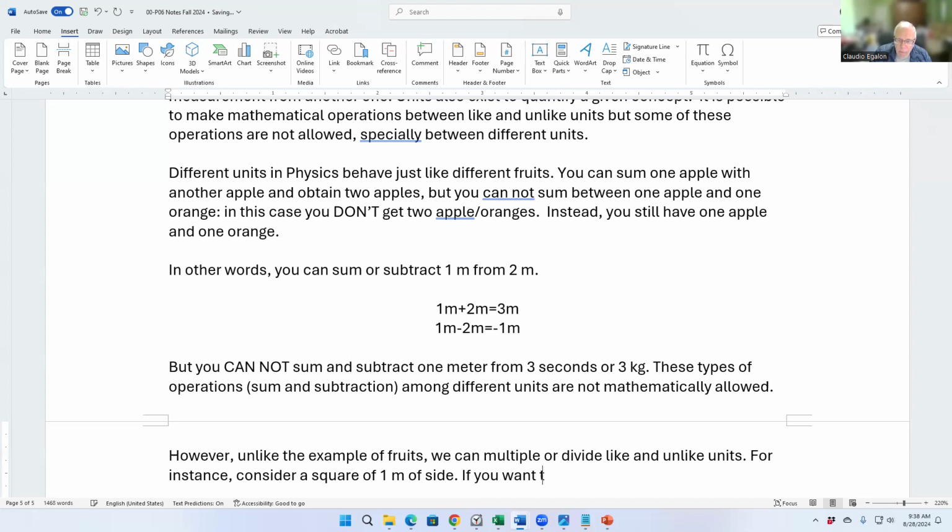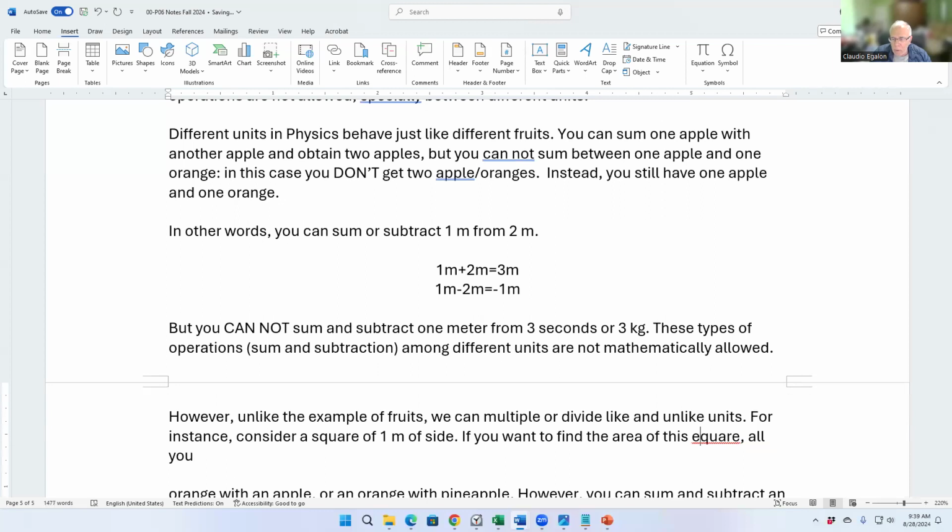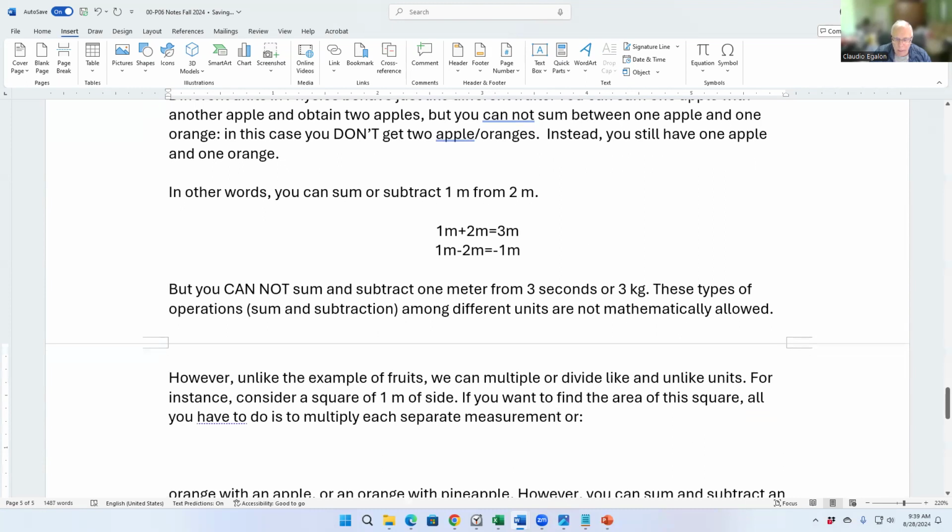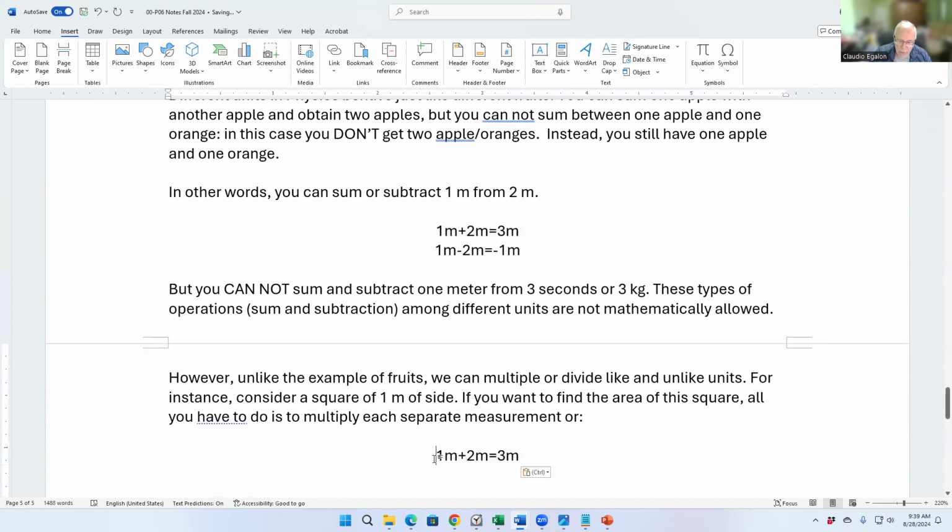If you want to find the area of this square, all you have to do is multiply each separate measurement. Area is equal to 1 meter.